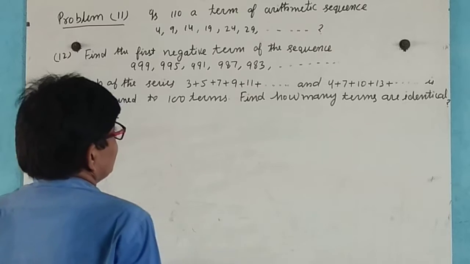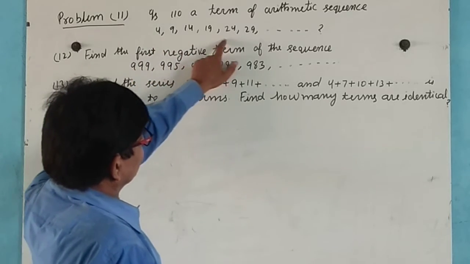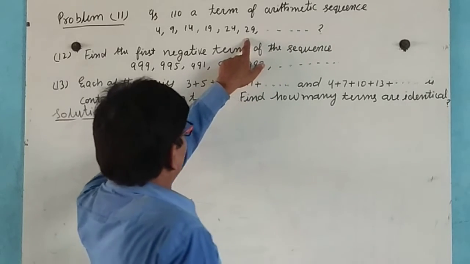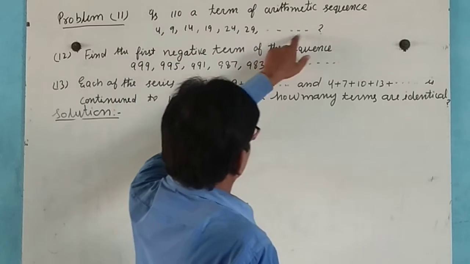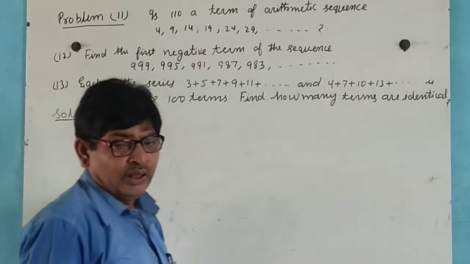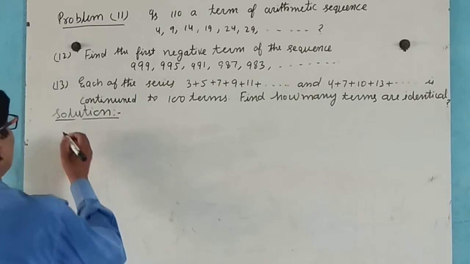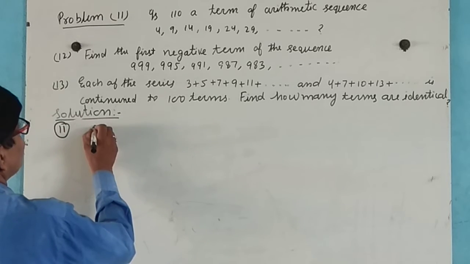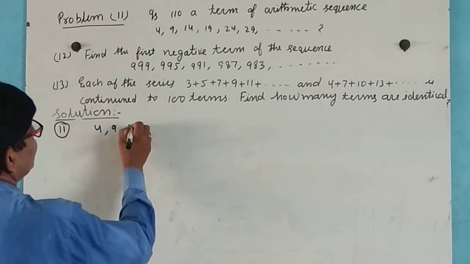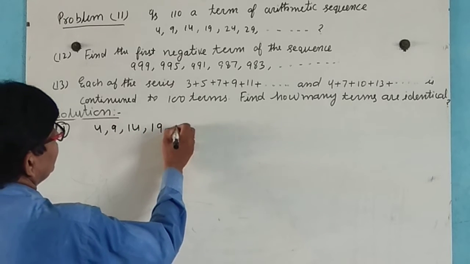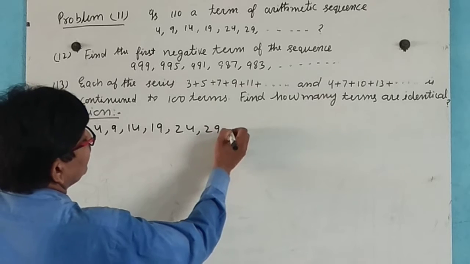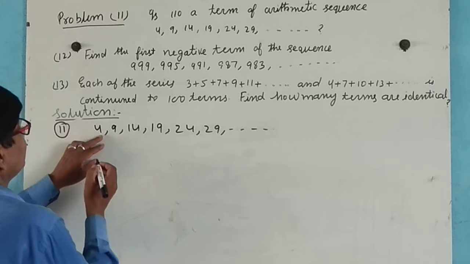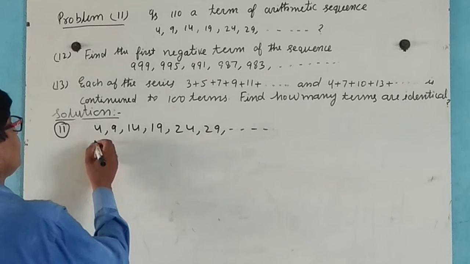It means that if we write the sequence, and this sequence is arithmetic as given, then 110 comes in this sequence. Solution 11: here the series is 4, 9, 14, 19, 24, 29 and so on. In this case, this is an arithmetic sequence.